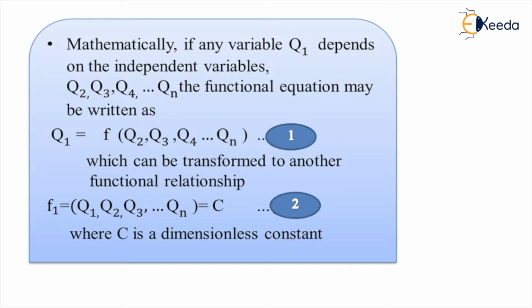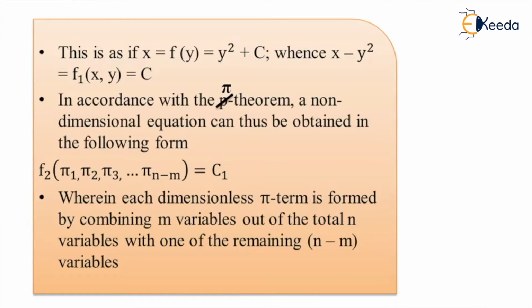This is our equation number 1, which can be transformed to another functional relationship as f1 is a function of q1, q2, q3, ..., qn, which is equal to c, where c is a dimensionless constant. This is as if x is a function of y, which is equal to y square plus c, where x minus y square is a function of x and y, which is equal to c.